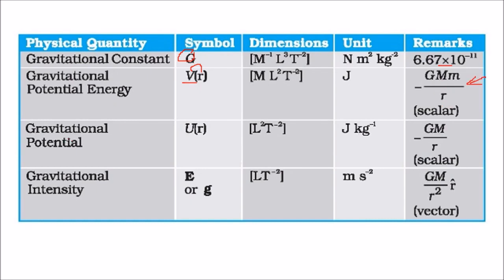The gravitational potential is given by -GM/R, which is a scalar. Because energy is in joules and potential is per mass, its unit is joule per kg. The gravitational intensity, represented by E or sometimes E_G, is given by GM/R², with a unit vector along this direction, so it is a vector.